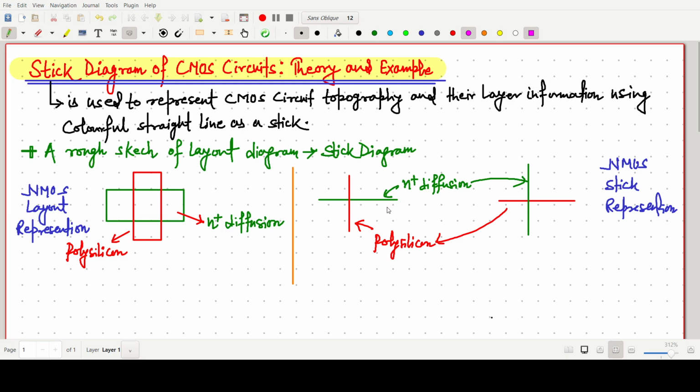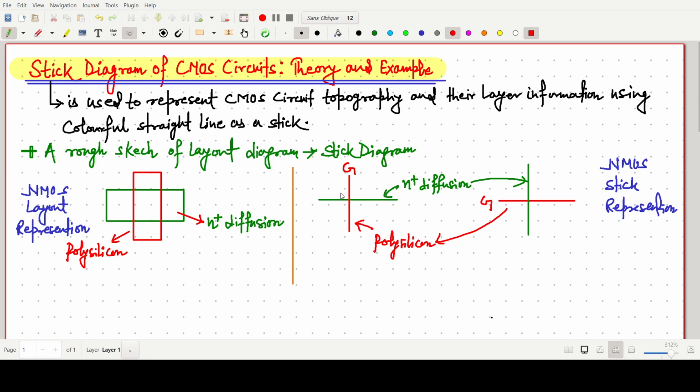So basically transistor is replaced by a block in layout, and transistor is represented in terms of a straight line in a NMOS stick representation. Okay, so here one thing I want to show that this red one is the gate, or polysilicon, this one is a gate one.